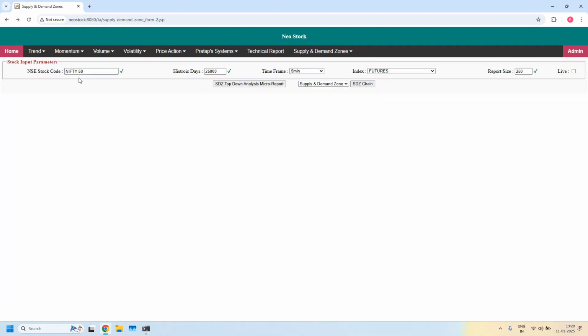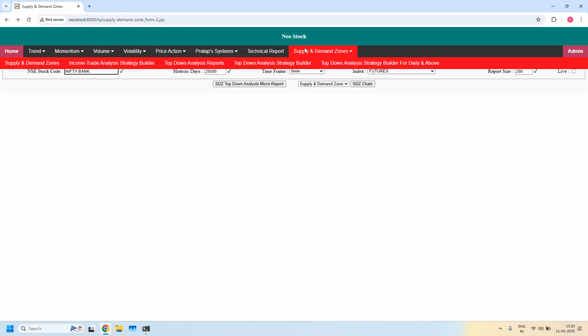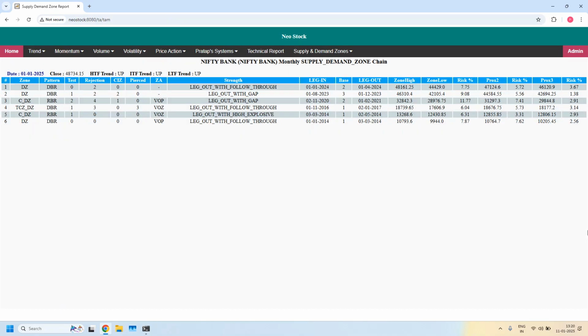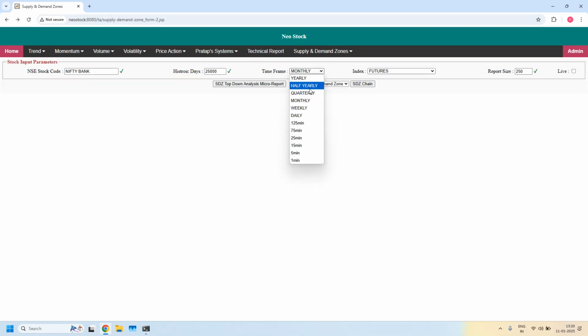Next, let me generate the Bank Nifty supply demand zone chain. First, monthly supply demand zone chain for Bank Nifty. Next, weekly supply demand zone chain for Bank Nifty.